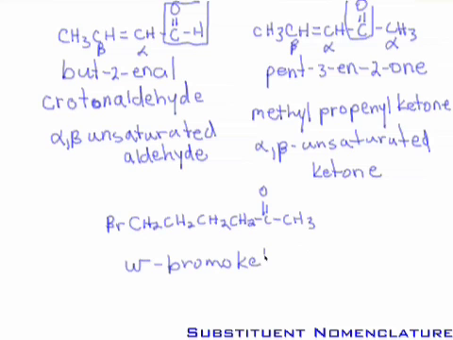Why omega? Omega is the last letter of the Greek alphabet. It comes at the end. And so when you say omega, you're saying that the bromine is at the end of the longest chain on the ketone. It would be equally appropriate to designate alpha, beta, gamma, delta, a delta bromoketone. Omega says it's at the end. Delta says it's 4 carbons further out beyond the carbonyl.